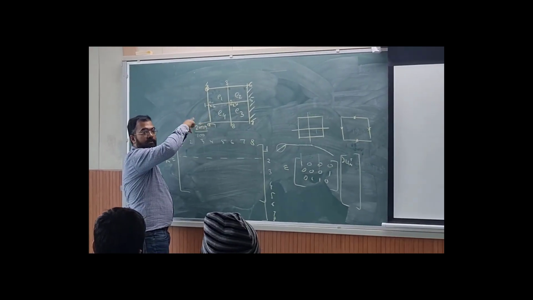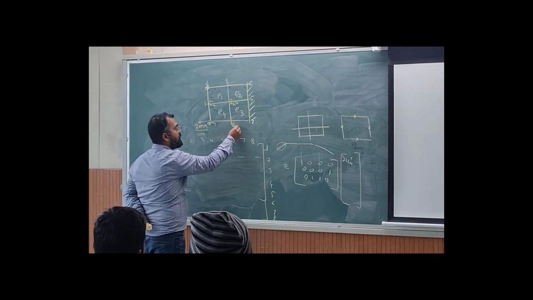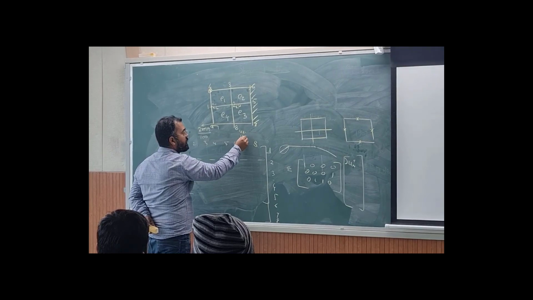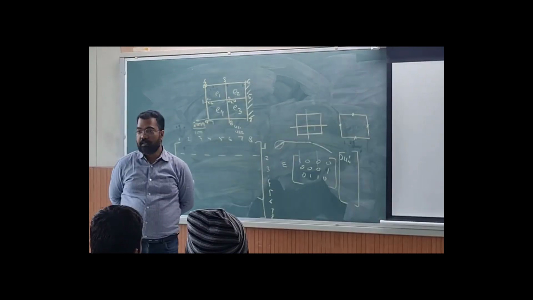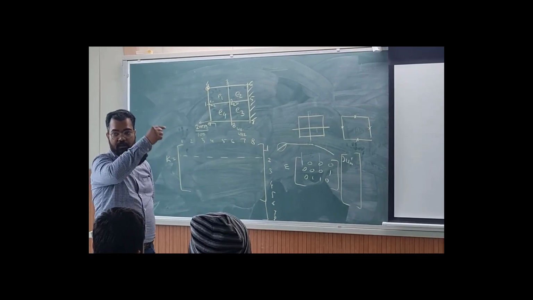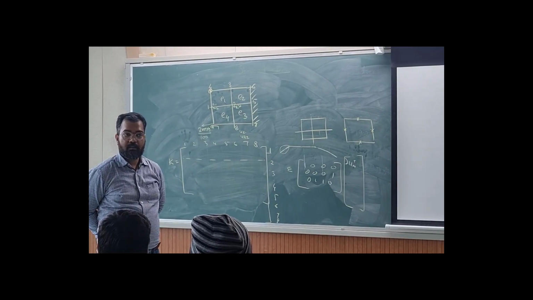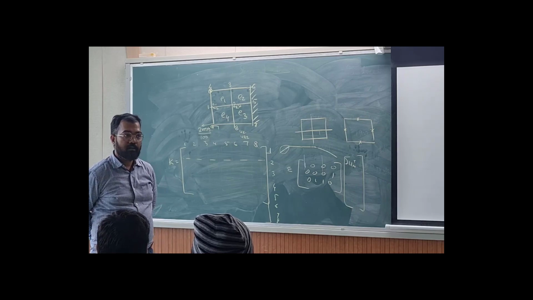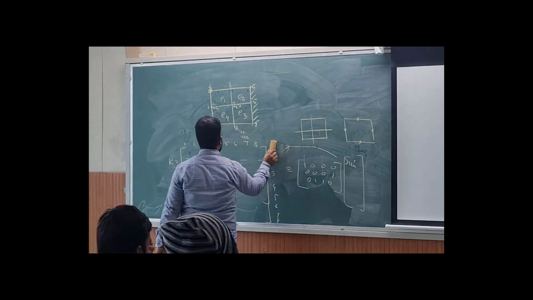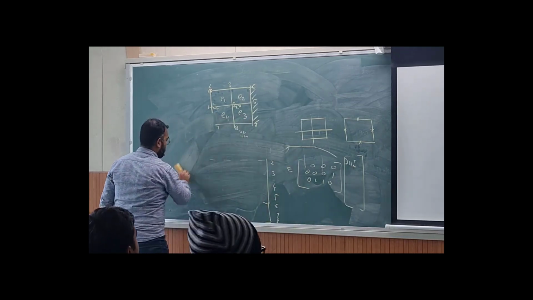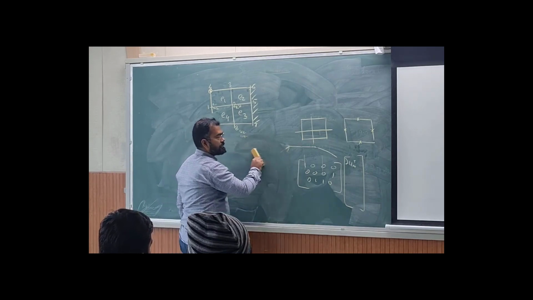For the last node I will have U81 and U82, right? So I'll make the global displacement values also. Now I have made the global stiffness matrix, and now let us look at the integration.